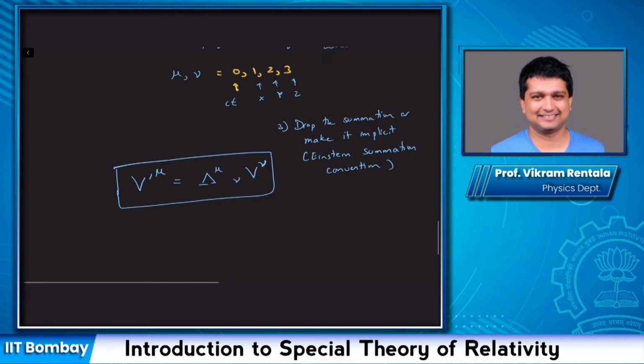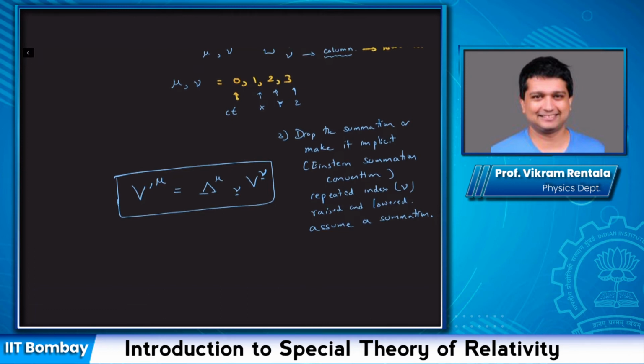Which is, whenever I have a repeated index, in this case nu, which is both raised and lowered, so it appears as a raised index and a lowered index, I assume that there's a summation over nu.